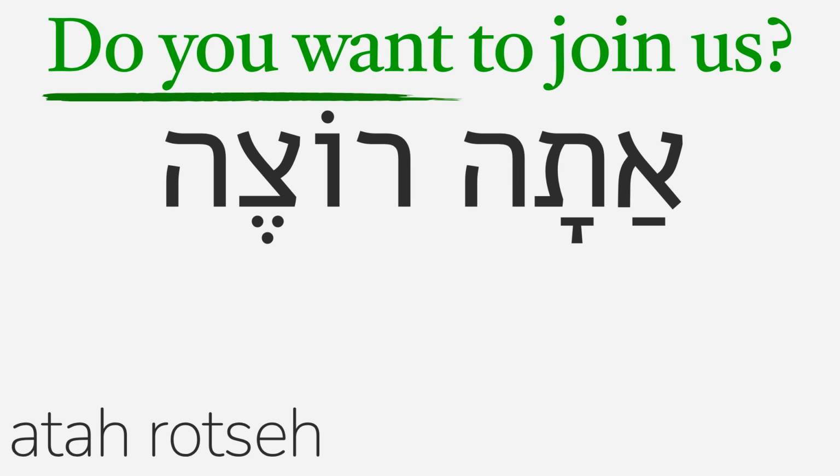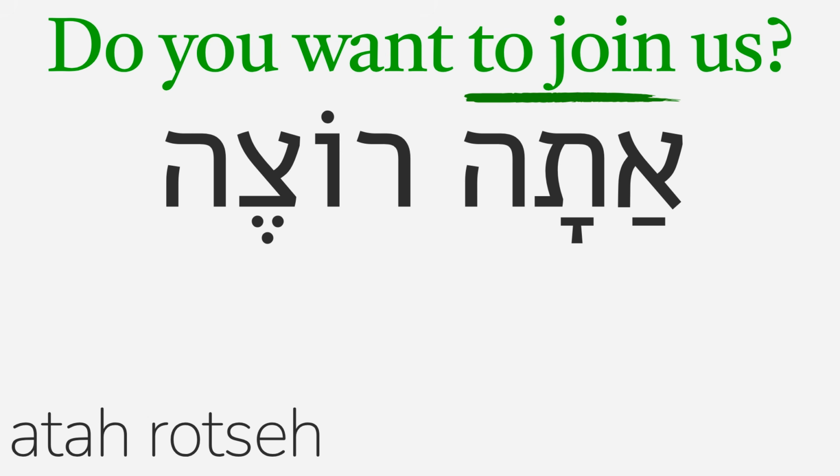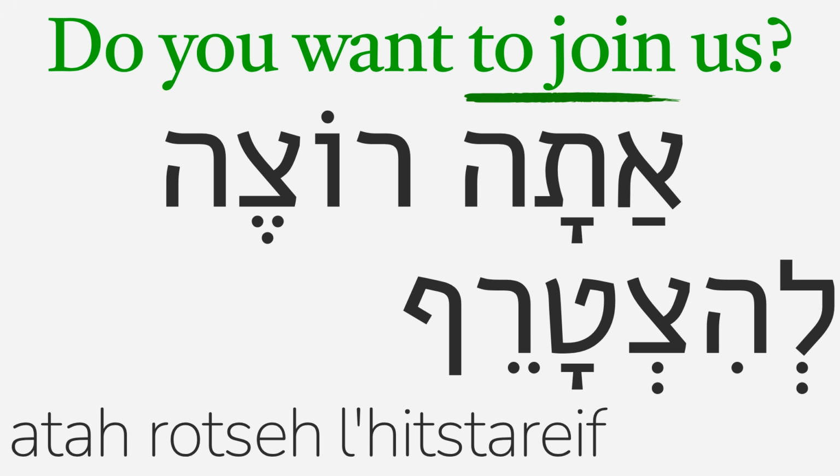Let's say, do you want to join us? Speaking to a man. Do you want is ata rotze in masculine singular form, and to join is lahitstaref. In Hebrew, this verb will use a preposition that means to. That can either be la or el.